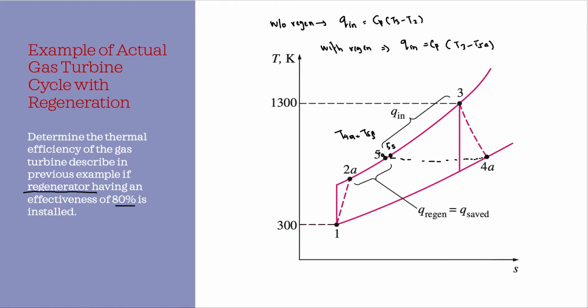Okay, and please write down T5A, and T5A is lower than T5S. Without regeneration, we use Q in equals Cp (T3 minus T2). But in this example, we have a regenerator, therefore Q in will be reduced to Cp (T3 minus T5A).